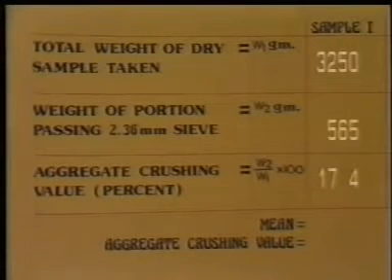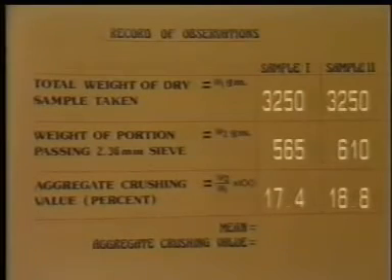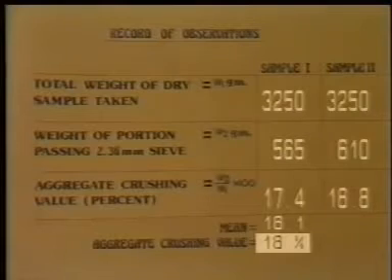The weight is expressed as a percentage of the initial weight of the test specimen. The mean of the two results to the nearest whole number gives the aggregate crushing value.